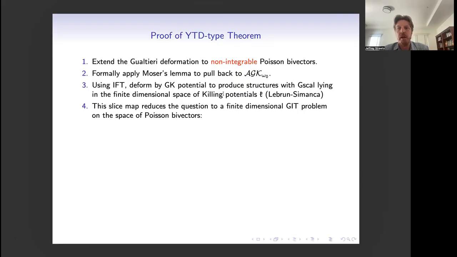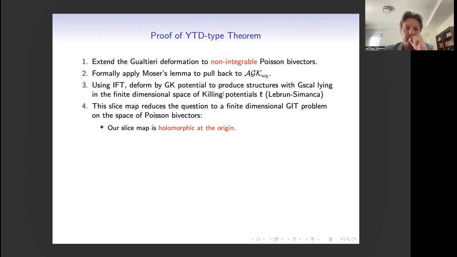So essentially now we just have a map on this space of Poisson tensors into some finite dimensional space, which is a moment map. And so we have a finite dimensional GIT problem on this space of Poisson bivectors.